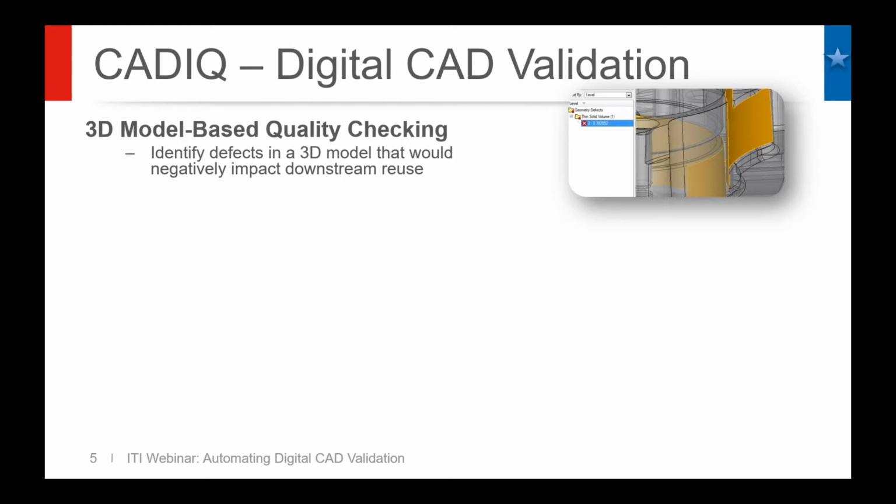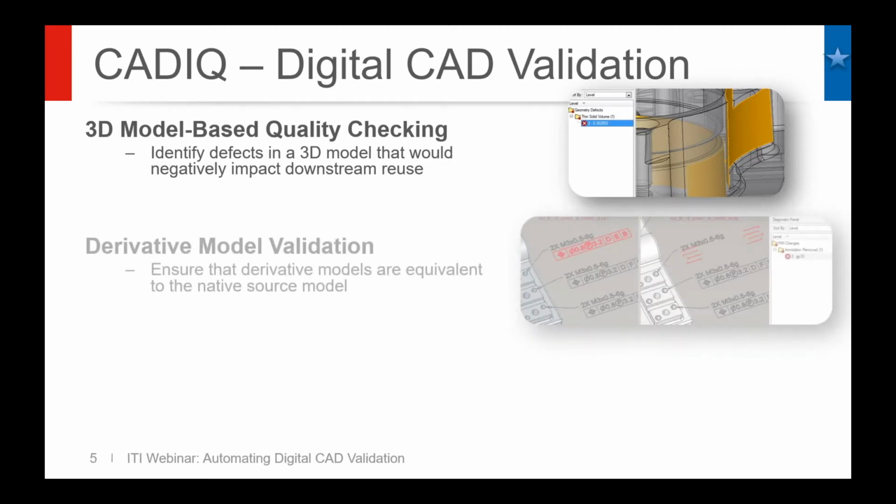So looking for either problems with the geometry, or today, especially with the PMI and the manufacturing information that's included in models, trying to identify that early in the process so that it can be corrected before it may become an issue downstream. And that downstream reuse results in lots of different data types today.